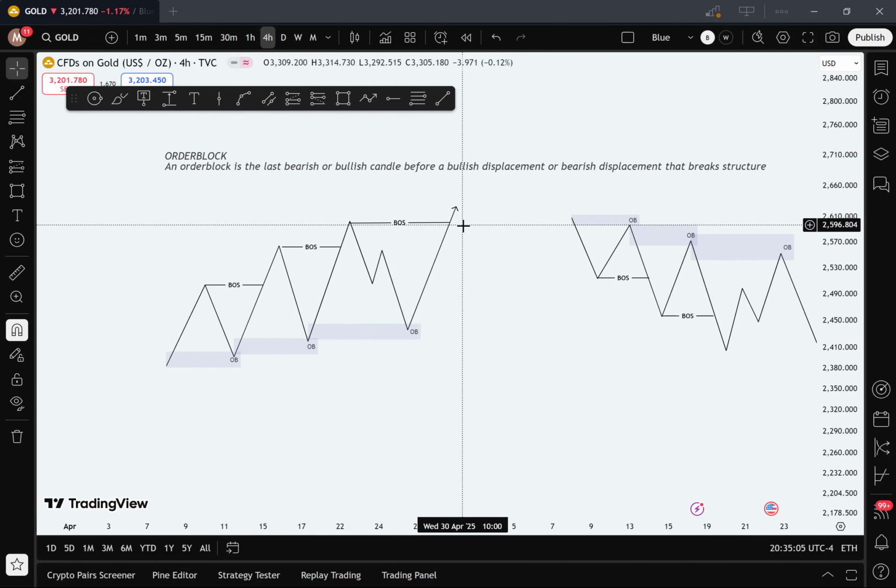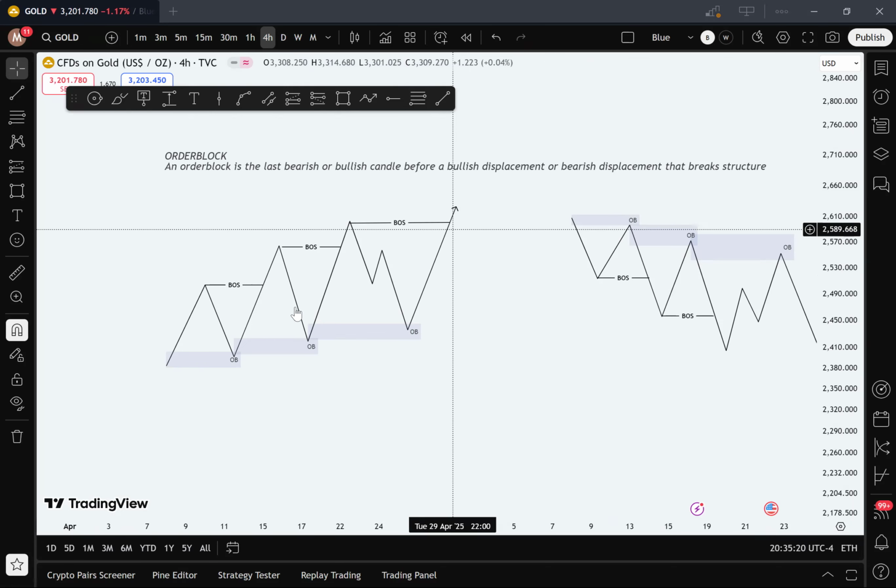So we are in an uptrend, and we know that price is moving upwards. So how do we get into such types of markets? That is the whole idea of order blocks.